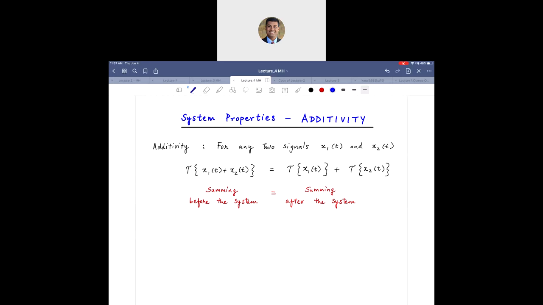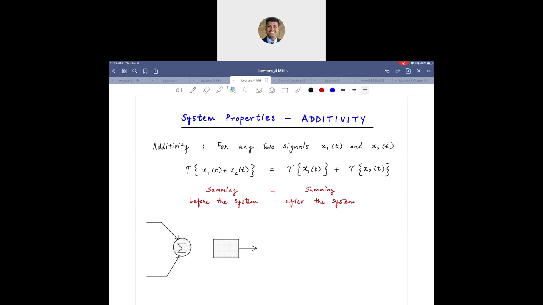So in terms of a block diagram, let's try to quickly represent this. I'm going to say this is summing before the system. So let's assume that there is a sum here and there is a system here. There's an output there and there is an input there and an input there. They are both getting added here.